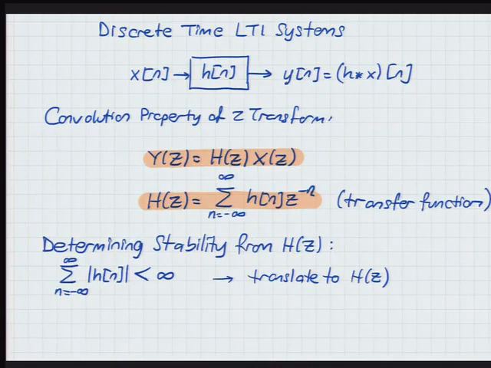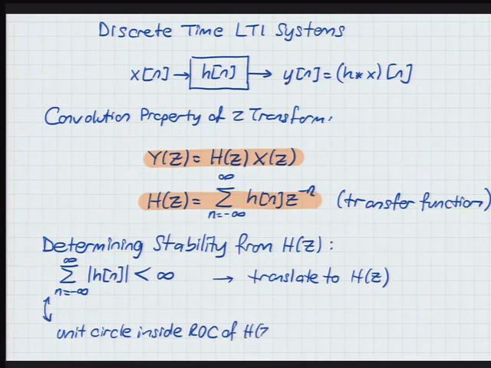So how do we do that? Well, there are two key observations. First is that this is equivalent to the unit circle being inside the region of convergence of h of z. Does that make sense?